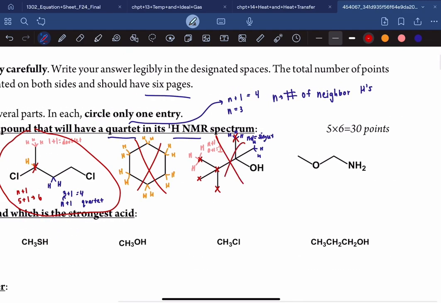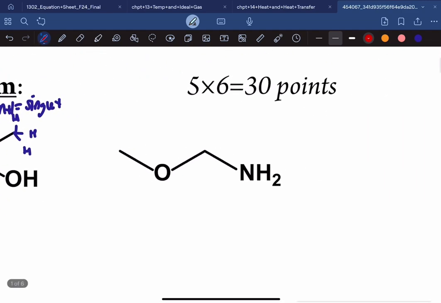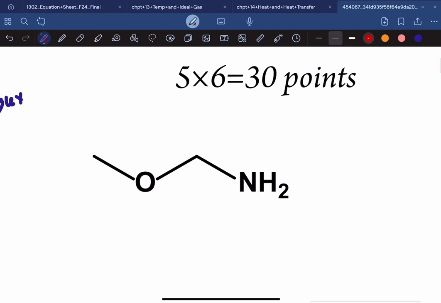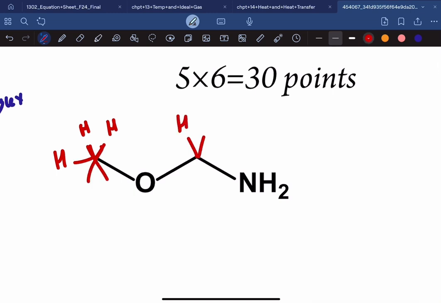X, wrong. And then last but not least, you can do the splitting pattern on this. Here there's 3 H's, but there's no neighboring hydrogens. There's no hydrogens here. So this cannot possibly be right. Here you have H, H, and then neighboring you have 2 H's.